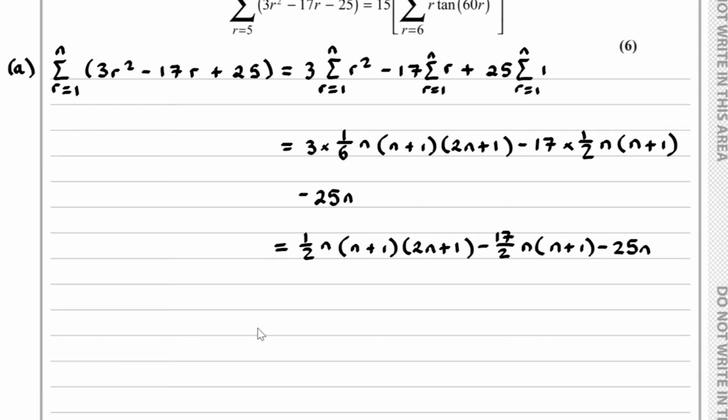And at this point, we can take out an n as a common factor, and then inside the bracket, I've got 1/2 times by n plus 1 times 2n plus 1, subtract 17/2 times n plus 1, and then I subtract 25.